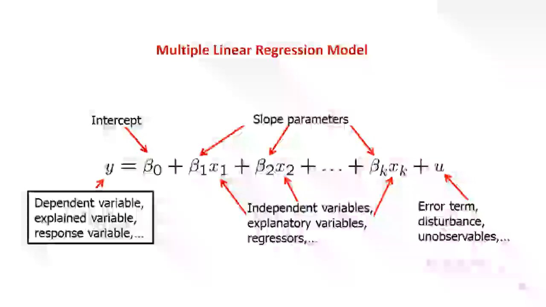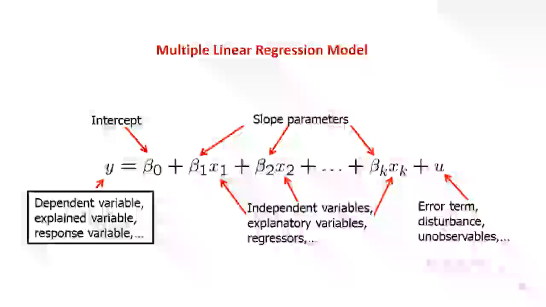And the u term is the error term, disturbance, and unobservables. It means your model is not able to observe those points or capture the patterns. That is why they are throwing in the error, right?